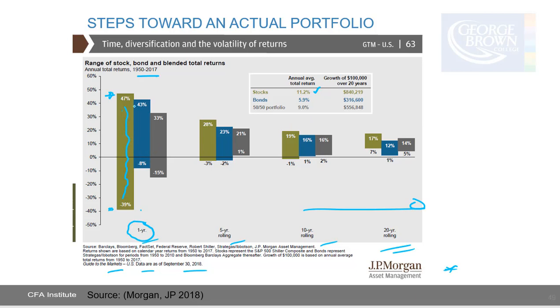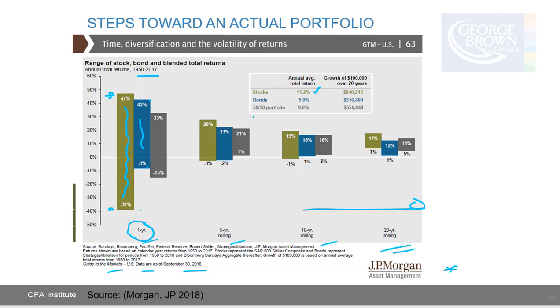If we look at bonds, you can see that the best return was plus 43%, but the negative return was only negative 8%. So stocks represent the S&P 500 Shiller Composite, and bonds represent some type of index. So you can see that the second key point to pick up is that the average total return is less on bonds, but so is the variability. Okay, so is the dispersion of returns.